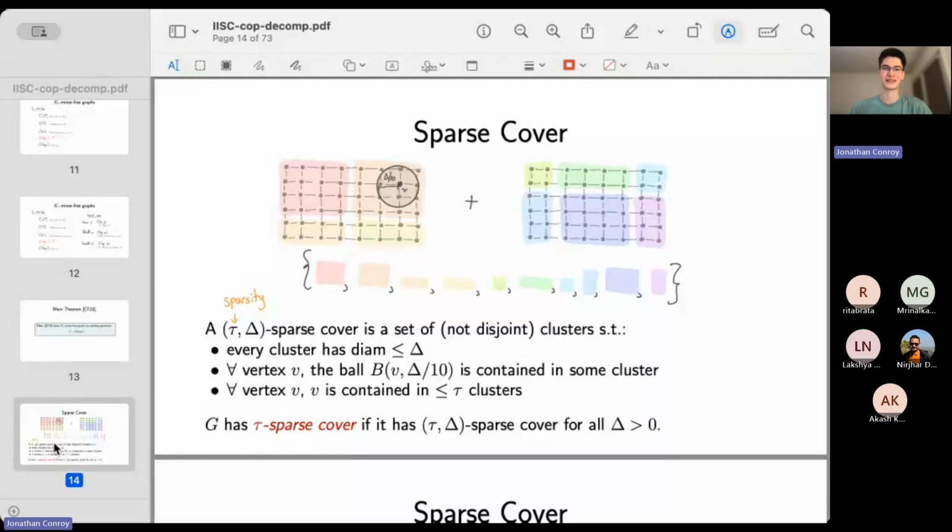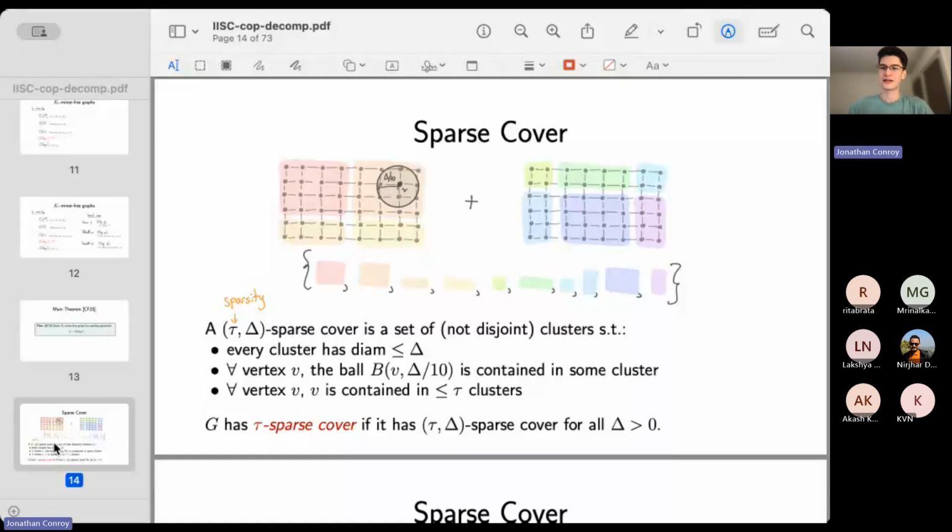I actually should have written this as a parameter. We can get some interesting trade-offs, but for the sake of this talk, we're just going to look at the case when we care about balls that have radius delta divided by some constant, and we want to preserve these balls.